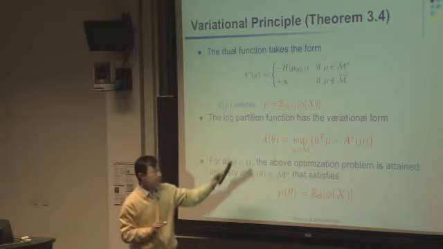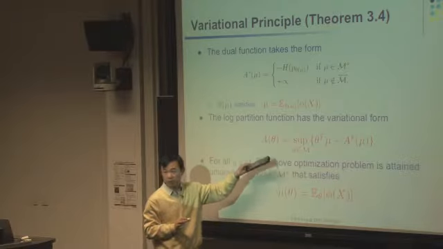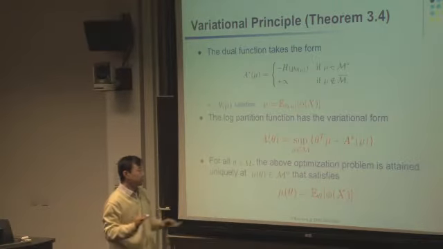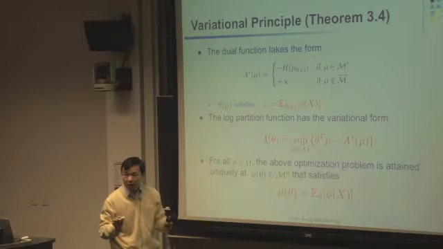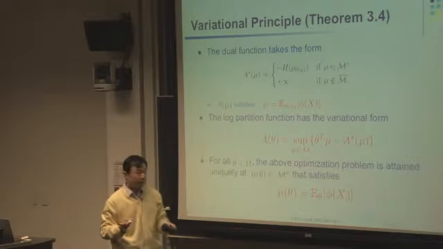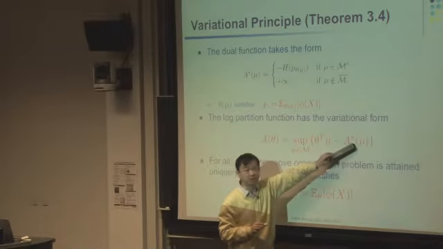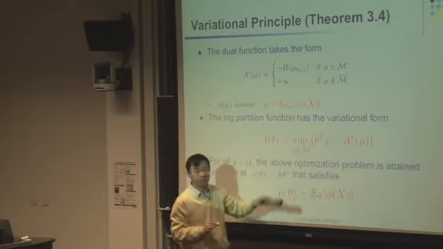But nevertheless, it does turn the original inference problem into an optimization problem. That's the good part. The rest of the literature in variational inference is actually about how to manipulate these two parts. Turn this into an easier form, turn this into an easier form.